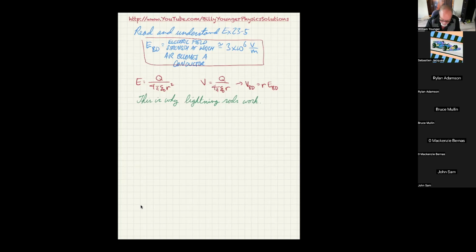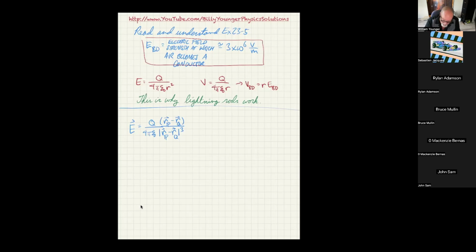I'll remind you again that the electric field E due to a charge Q at point P is equal to Q over 4 pi epsilon naught, times the vector RP minus RQ, over the magnitude of RP minus RQ cubed. I'm cubing it instead of squaring it because I'm putting the vector RP minus RQ in the numerator, and that made the magnitude go off by a factor of R, so the extra factor at the bottom cancels that out. So that's the electric field due to a point charge.